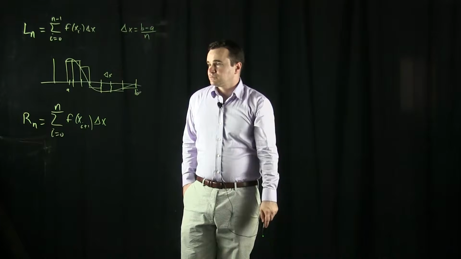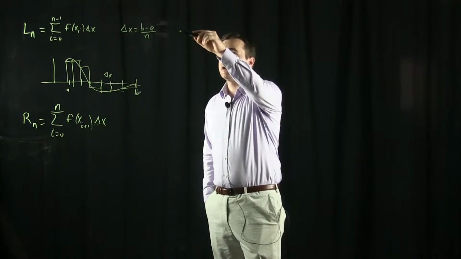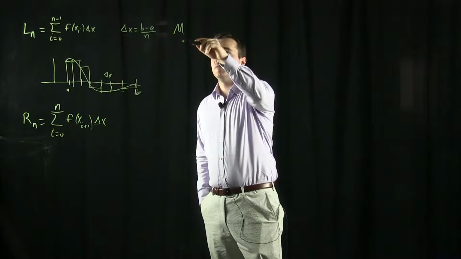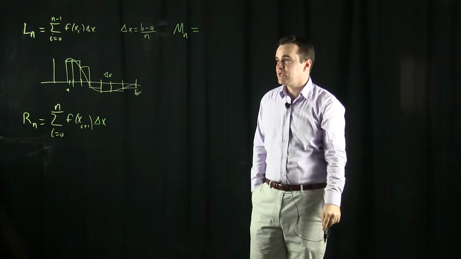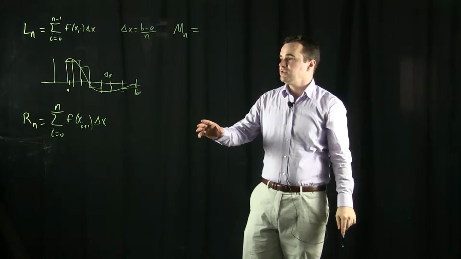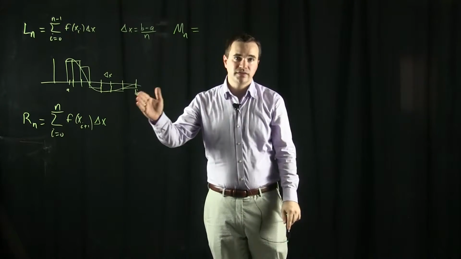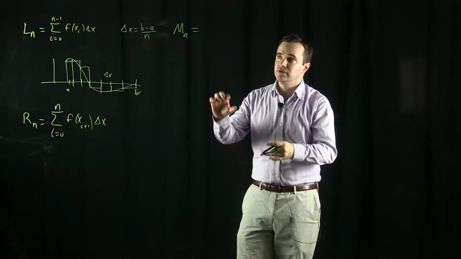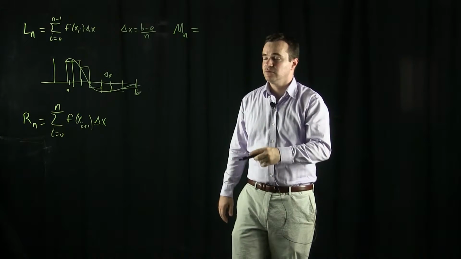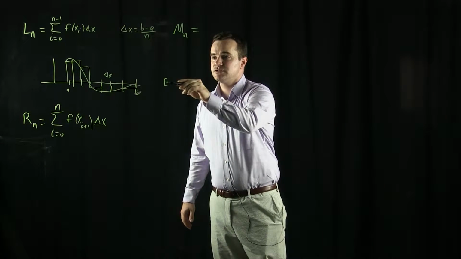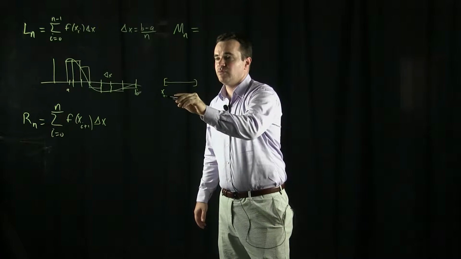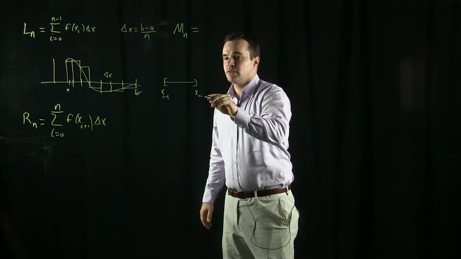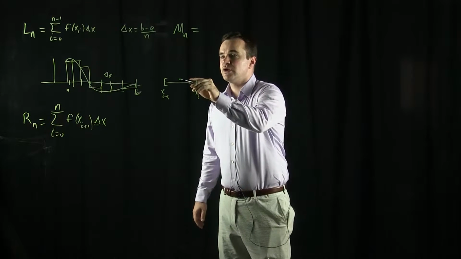And what about the midpoint approximation? We use M for midpoint with n rectangles. What that's going to be is you want to use the midpoint of your ith subinterval in order to capture the height for your approximating rectangle. Draw a little bit of a picture here. If your ith rectangle has left endpoint x sub i minus 1 and right endpoint x sub i, you want to look at the midpoint.